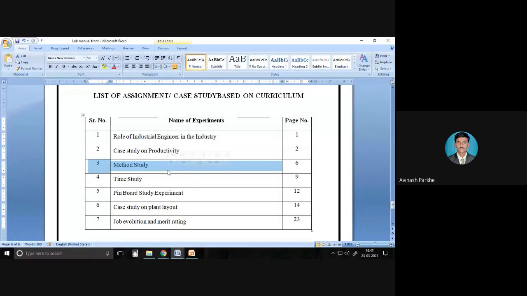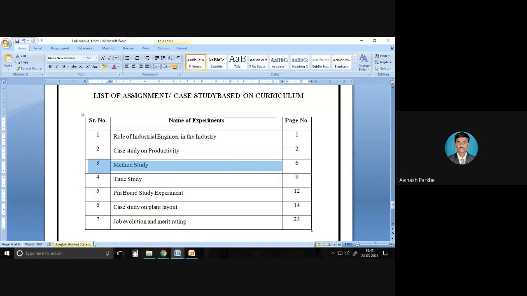We have to eliminate those unnecessary operations, and we discussed that in chapter number 2 as method study, in which we covered different types of charts: operation process chart, two-handed process chart, flow process chart, multiple activity chart, and different diagrams such as string diagram and flow diagram, along with templates. So many different parameters we have discussed under the concept of method study, through which you can eliminate the unnecessary operations.